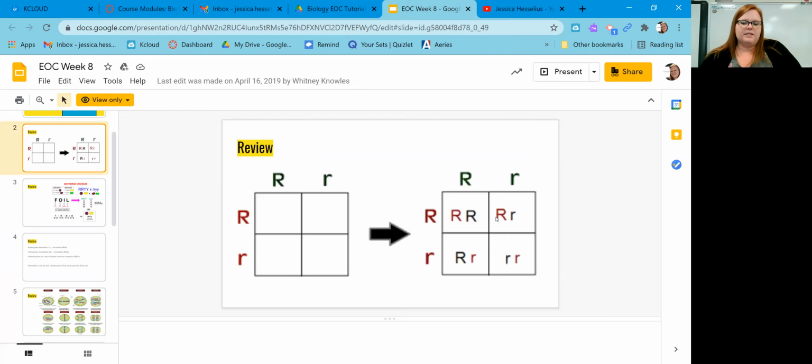All right, let's look at this practice question. This is just showing you how to fill out a Punnett square. We use 4 boxes for monohybrid crosses, meaning we're following only one trait. So if you're reading a practice question, let's do this one: 2 parents who are heterozygous for maybe this eye color trait have offspring.